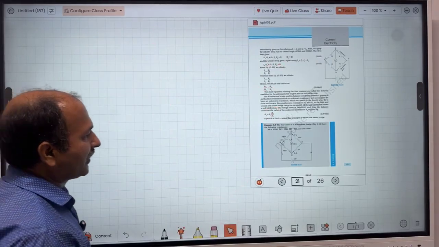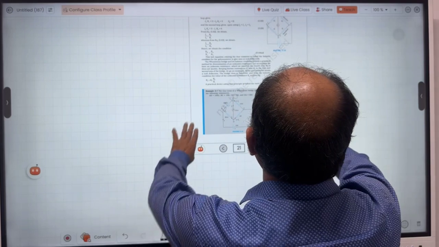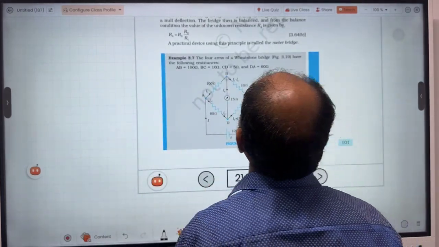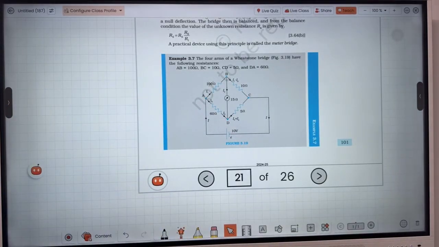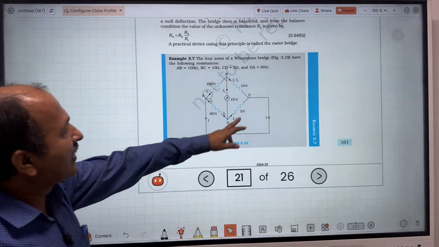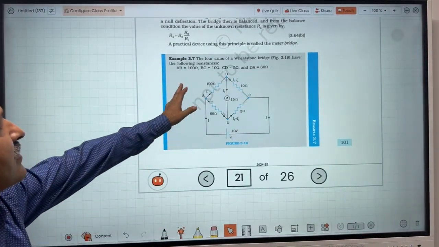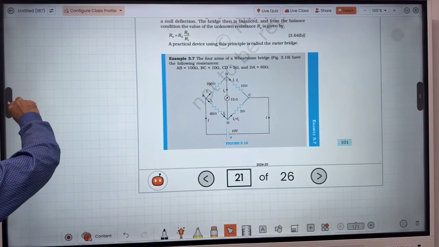So you have understood. Here there is one numerical based on that, but the bridge is not balanced because it is showing some current. Then you have to take the cell into consideration and write some relations, and after that you can solve it. So let's analyze it.